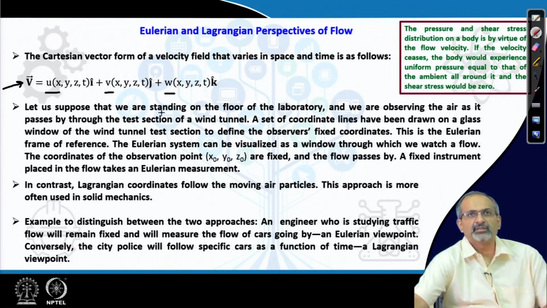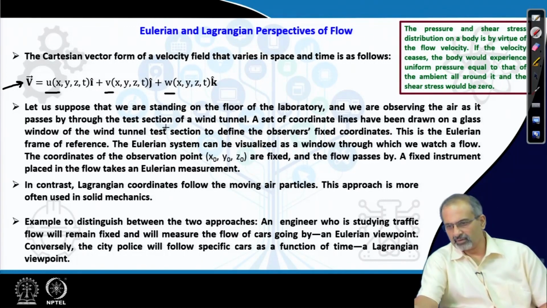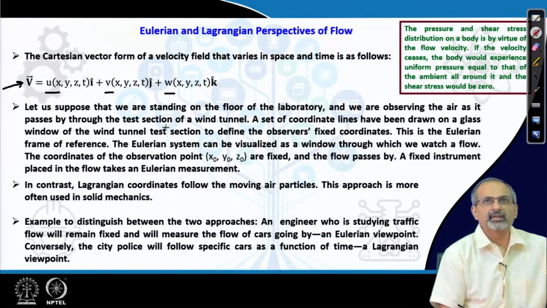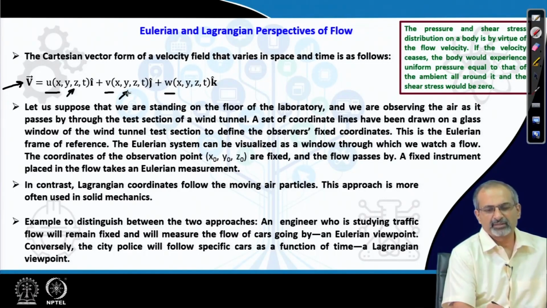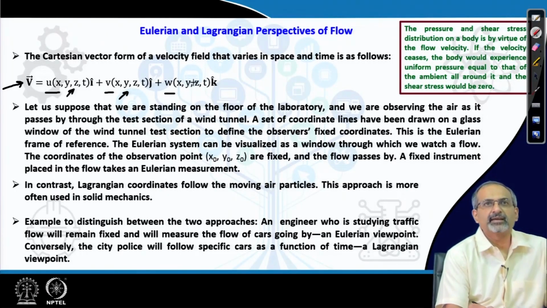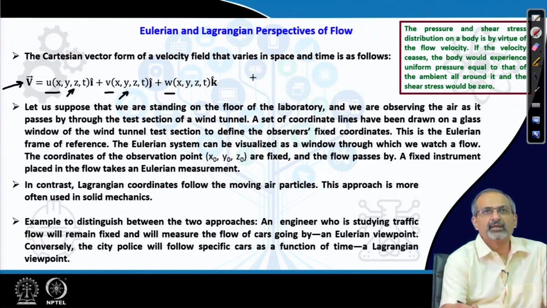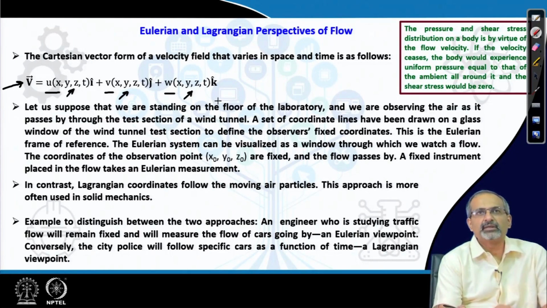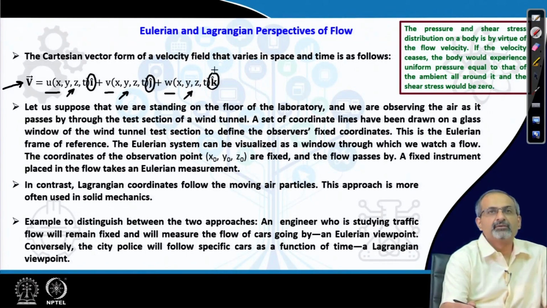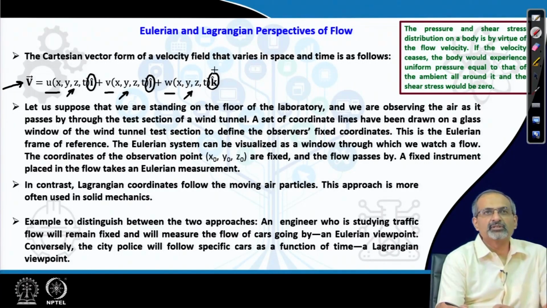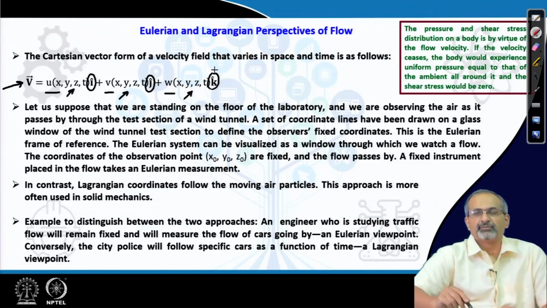Additionally, each of these components is dependent on x, y, z and t. That means, the spatial location of the point as well as time. So, in general, this velocity vector can vary with space and time. And then we have the associated unit vectors i, j and k for the respective directions. So, this is how it is done for a Cartesian velocity field.